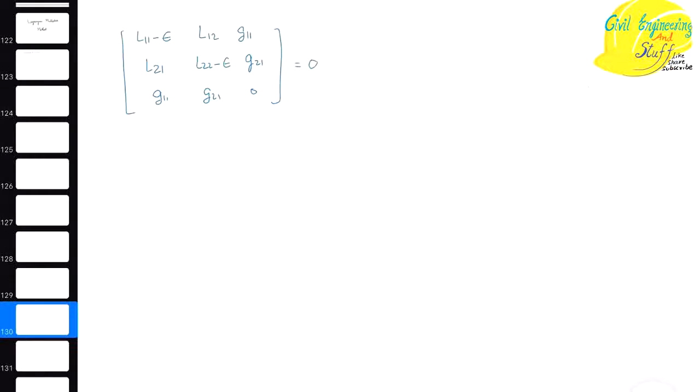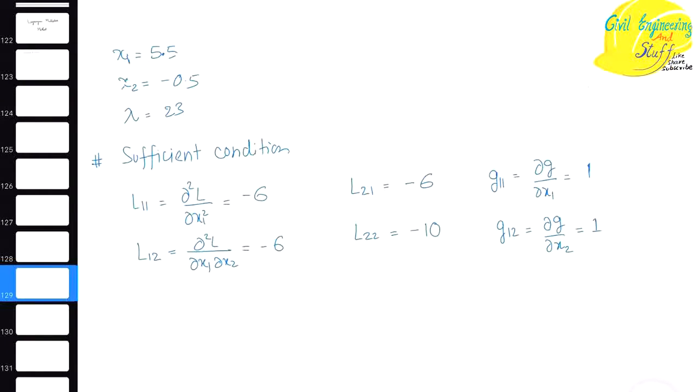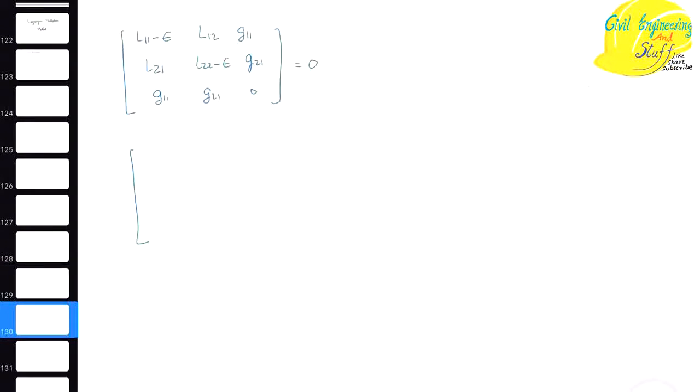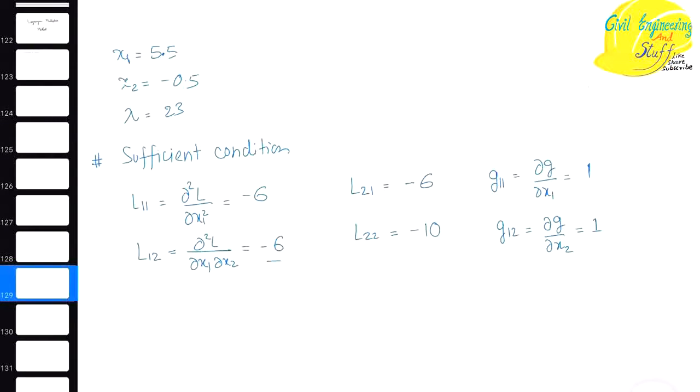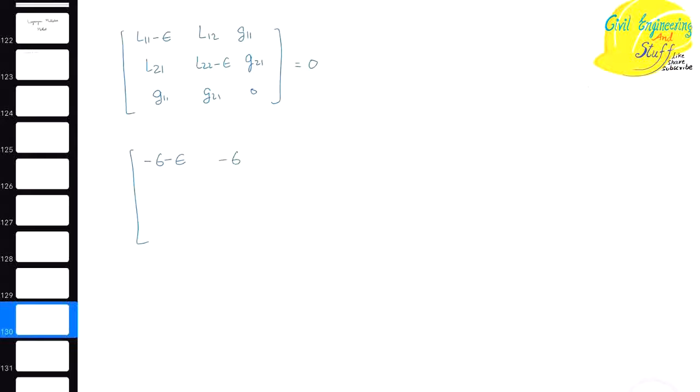Forming it in the same format, our L11 is minus 6, so this will be minus 6 minus the polynomial function, then L12 is again minus 6, then 1, then again minus 6, then minus 10 minus the polynomial function, then 1, then 1, 1 and 0.